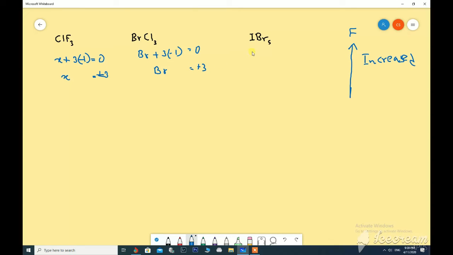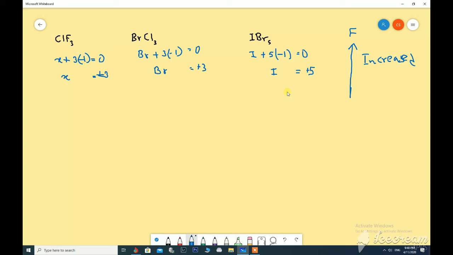When we are considering IBr5, bromine has the higher value because iodine is below bromine, so I add 5 times minus 1 is equal to 0, so the oxidation number of iodine here is plus 5.